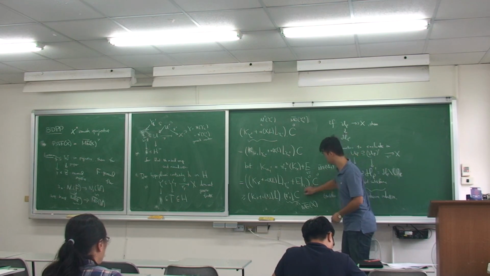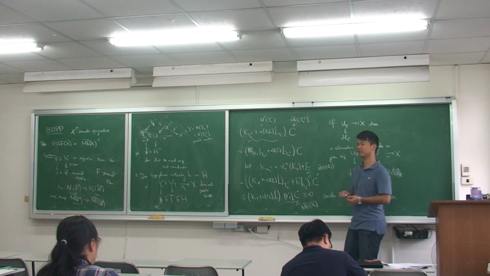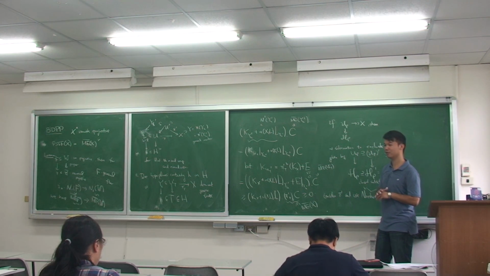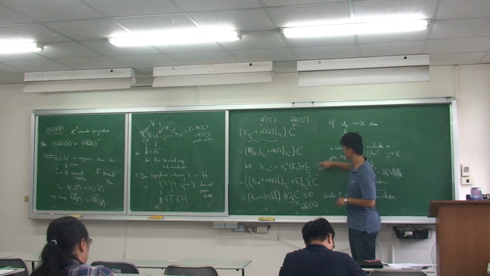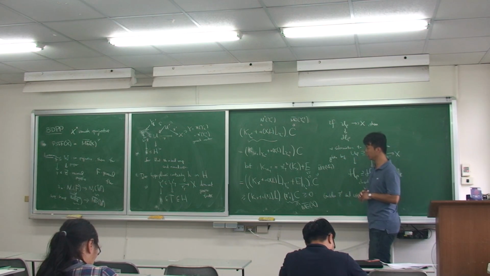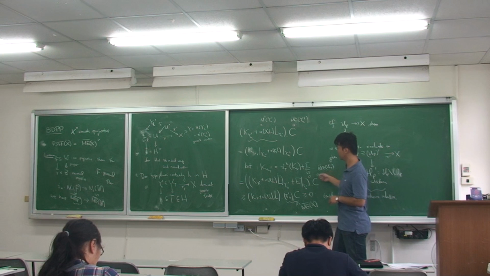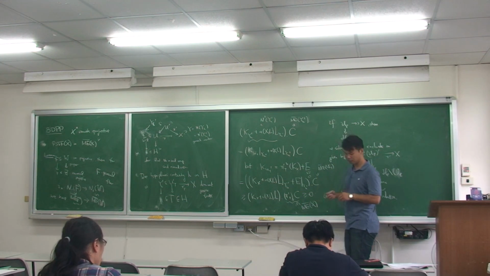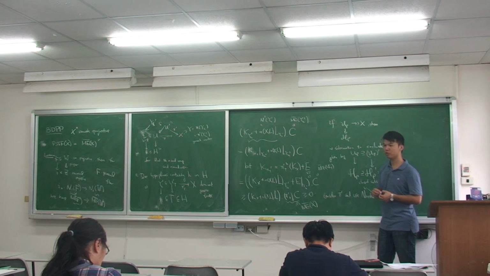So this is nothing. Is that okay? Is that clear what I'm saying? So I use the lemma here. So only when you have a movable curve intersecting the pseudo-effective divisor, you know it's not negative. Question?